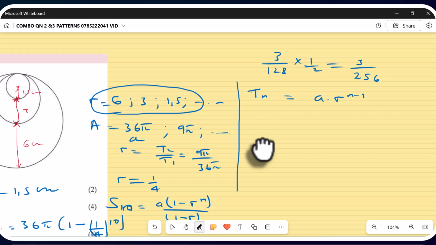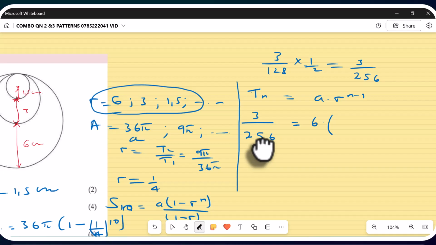I'm looking for this n here. If you divide by 6, it gives us 1 over 512 equals 1 over 2 to the power of n minus 1.